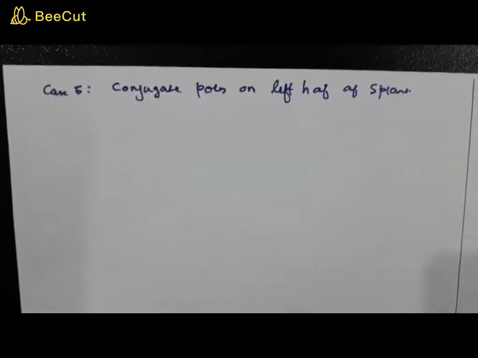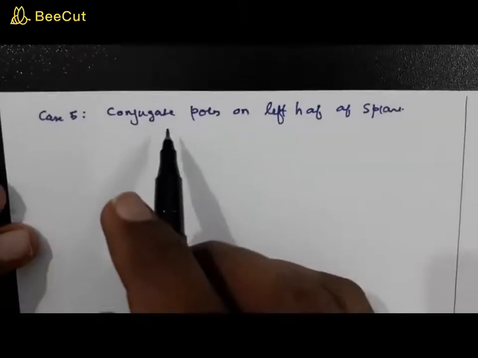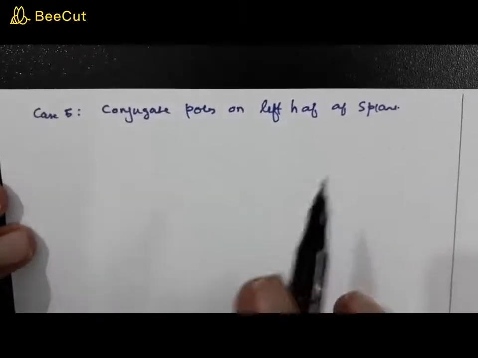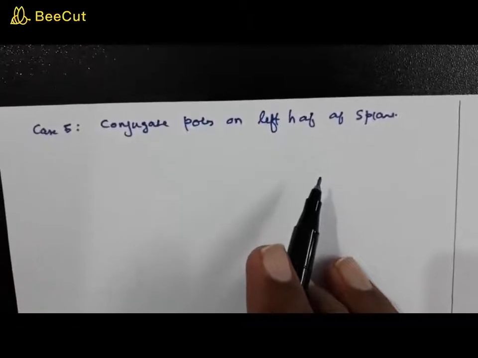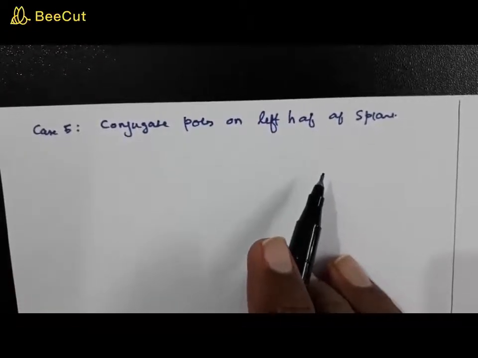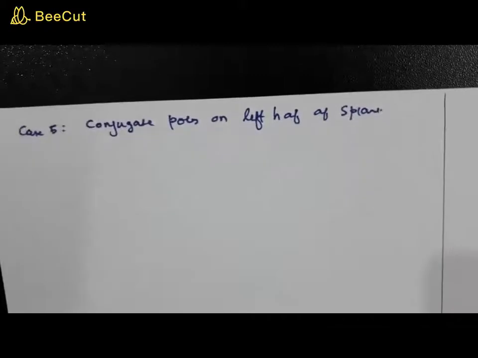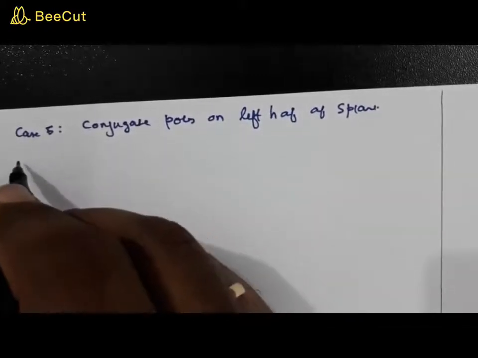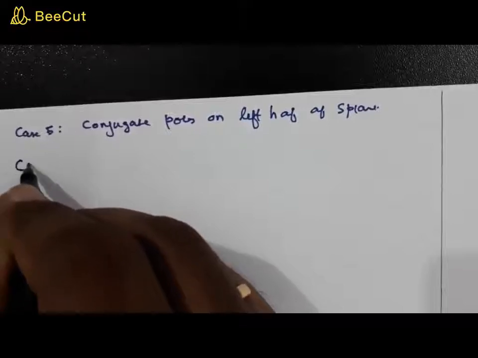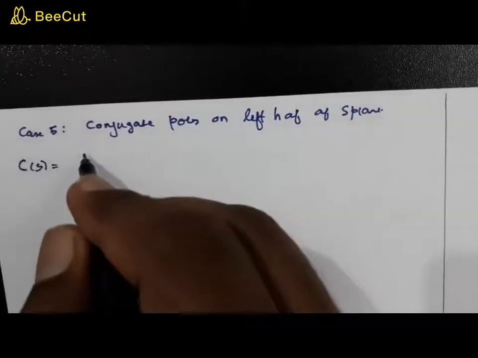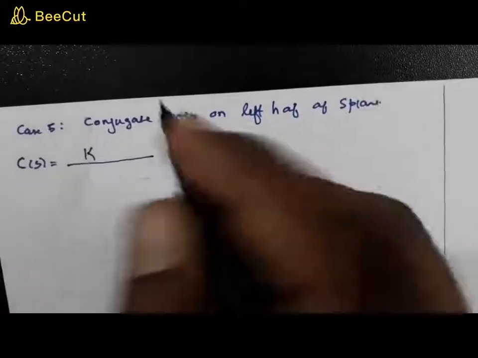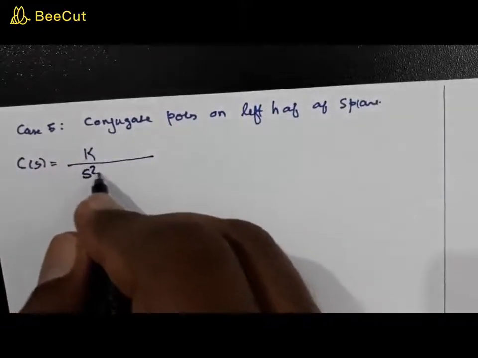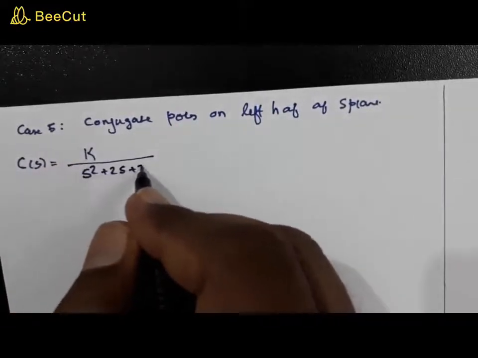Now coming to case 5, where you have conjugate poles on the left half of the S-plane. How will you represent that? Let's study it from an example. Say consider C of s to be s square plus 2s plus 2.